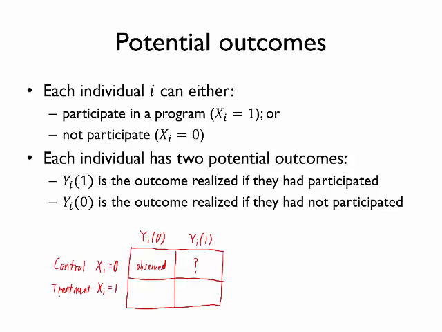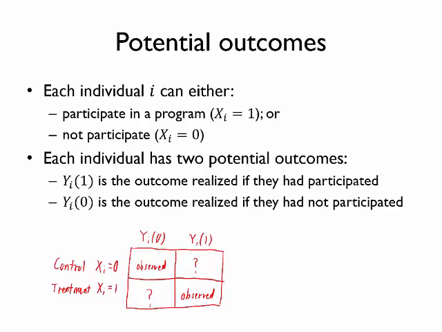Similarly, if we look at an individual in the treatment group, namely they are in an online class, then we're going to observe a grade for them, and that grade is their potential outcome had they participated. And once again, we could still hypothetically ask this question for this bottom left cell: how well would that individual who took the online class have done on their exam had they instead taken an in-person class?